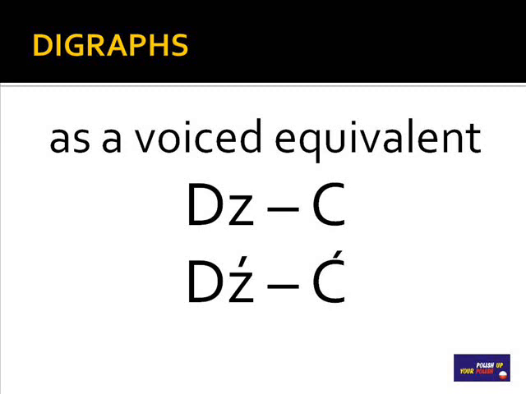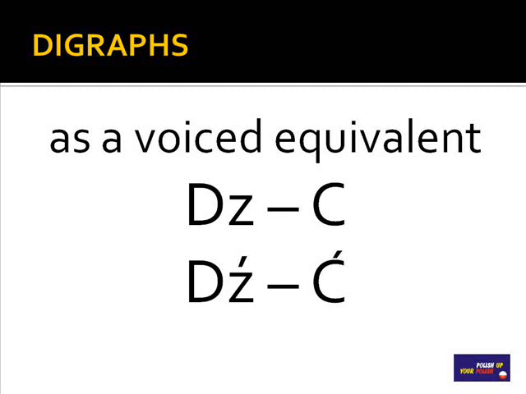Here they are, D and Z. It's actually kind of an equivalent of the letter C, but the digraph is voiced, because the letter D is voiced itself, d, right? So run together d, and the letter next to it is t, d, t, d, t, right?